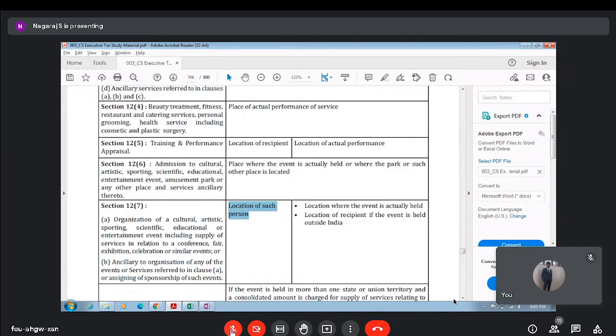If it is happening in different states, each state will be the place of supply. If the event or all these things, beauty treatment, training, admission, organizing, everything is happening outside India also, non-taxable territory also, and in the taxable territory also, then the place of supply will be the place in the taxable territory.